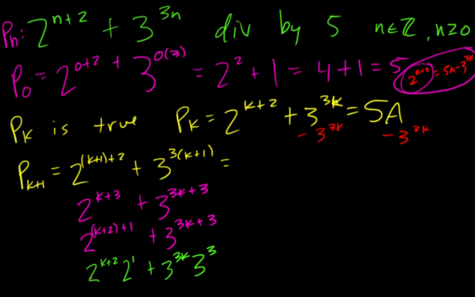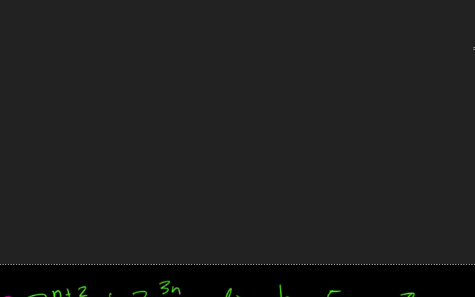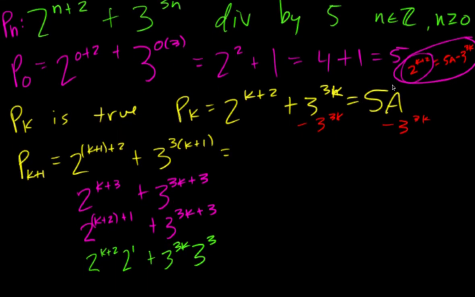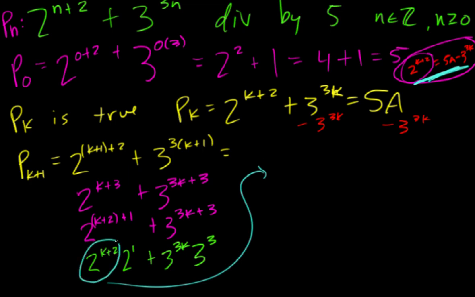And now that we have 2 to the k plus 2, we can replace that with this expression. So that's what I'm going to do. I'm going to bring this up here, and I'm going to replace this piece with this piece.